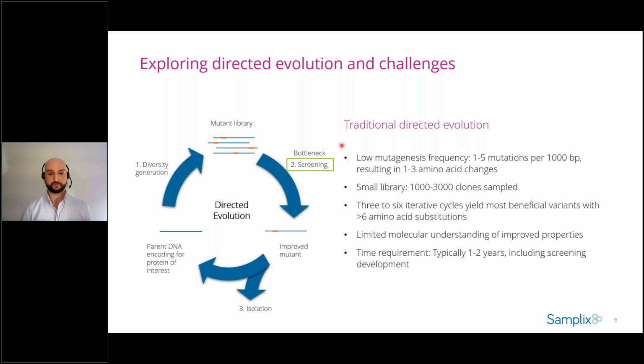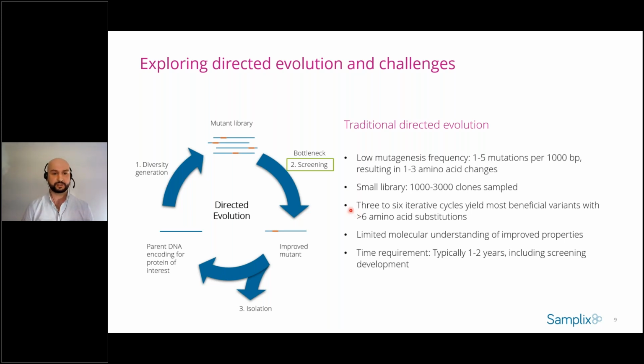This means the likelihood of beneficial exchanges leading to improvements is lower. So often, because of the bottleneck character of the screening, small libraries are screened. And to reach satisfactory improvements, often 3 to 6 rounds of directed evolution have to be performed, which is really time consuming, because per round 1.5 to 2.5 fold improvement is on average reached.